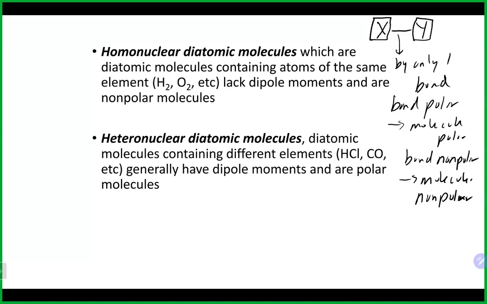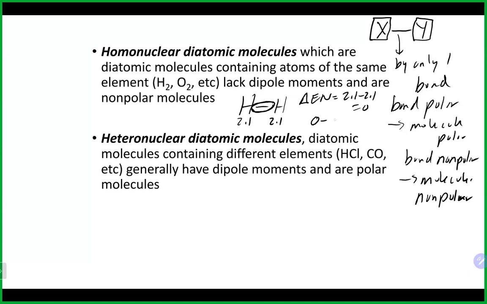So, for example, if you have a homonuclear molecule like H2, when we look at H2, this is the only bond present. That is a bond between two hydrogens, which if you look up the electronegativity values are 2.1 and 2.1, which obviously gives you an electronegativity difference of 0.